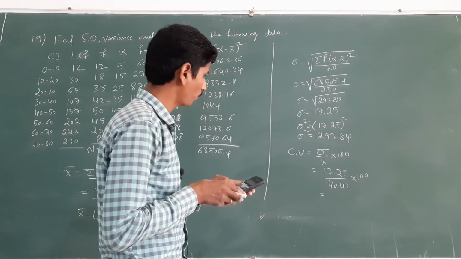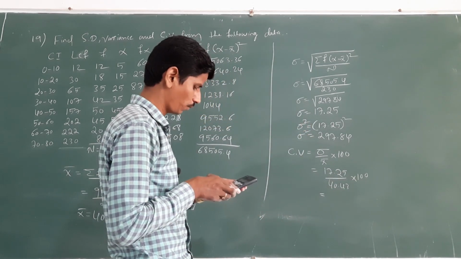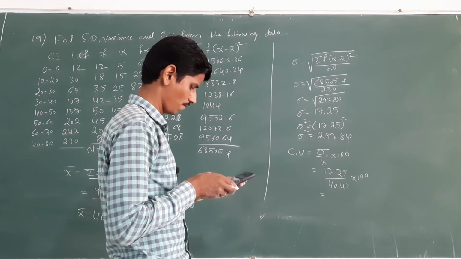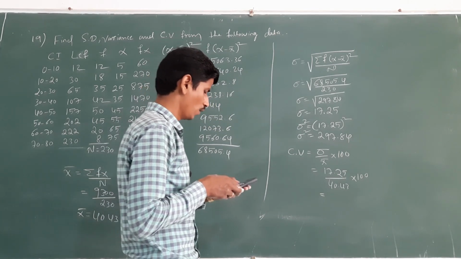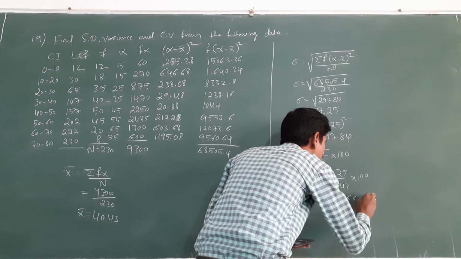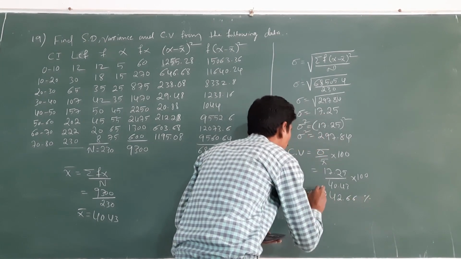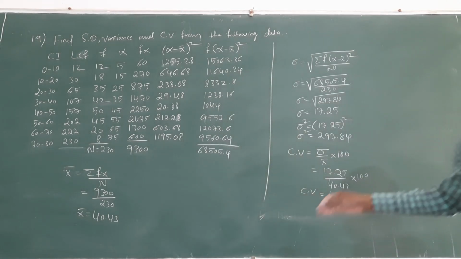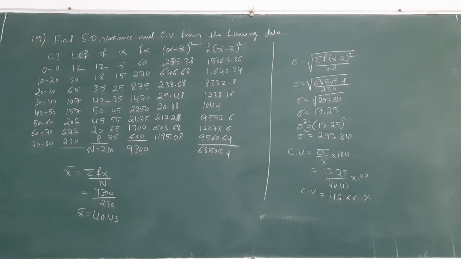Here 17.25 divided by 40.43 into 100 is 42.66 percentage. Here the coefficient of variation is 42.66 percentage. Okay, it is about standard deviation, variance and coefficient of variation.